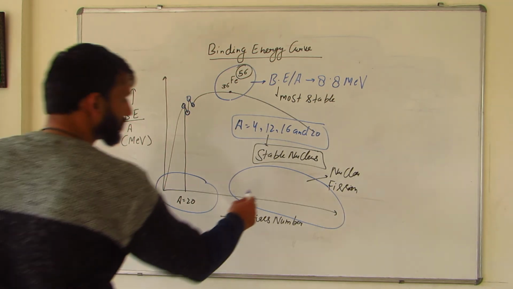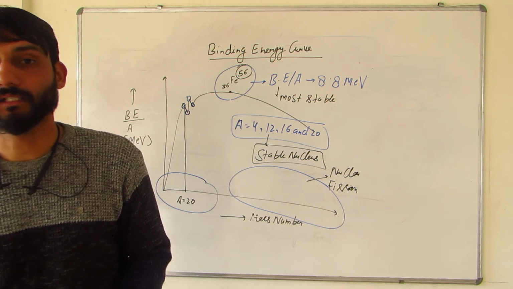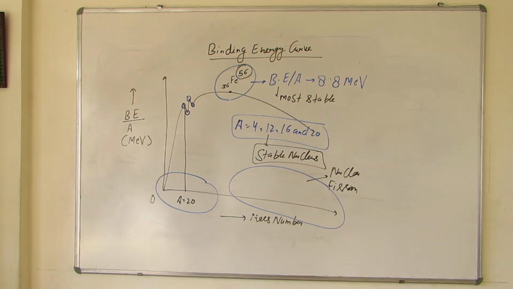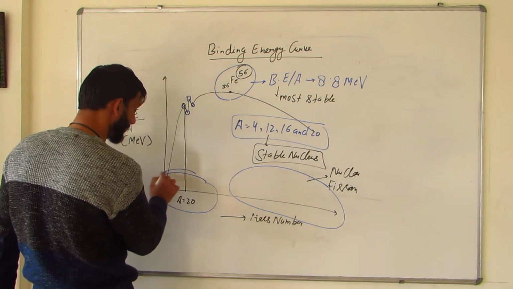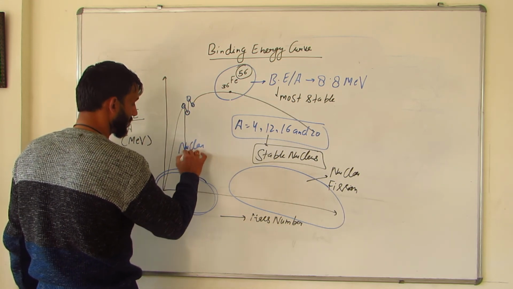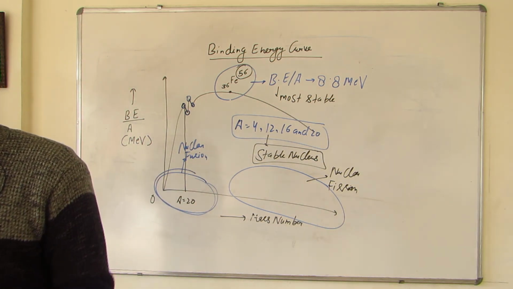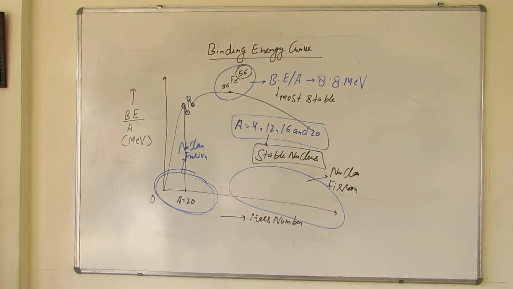So these show nuclear fission because they have greater mass number and hence lesser binding energy. And here they will show nuclear fusion. They tend to combine because they have lesser binding energy. And the ones which have greater binding energy tend to break off.